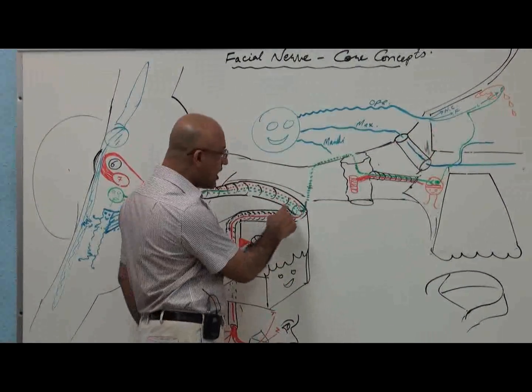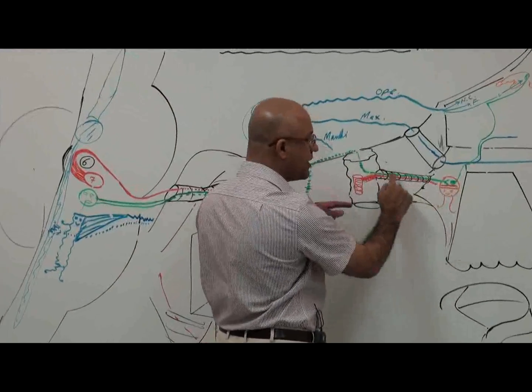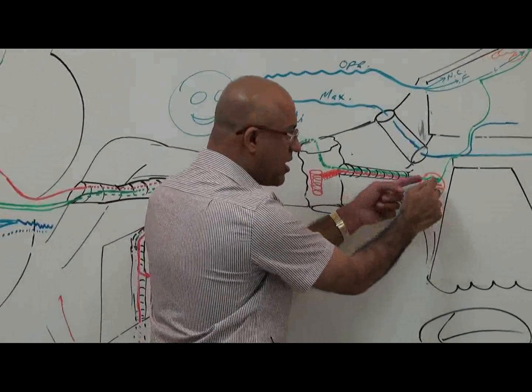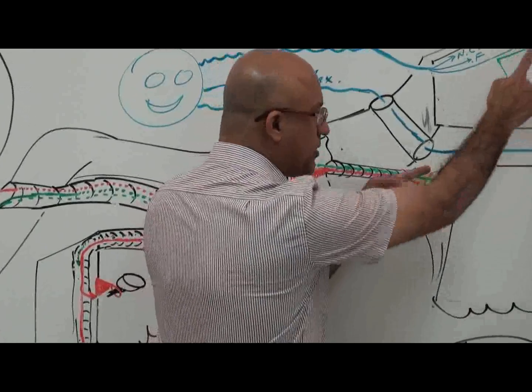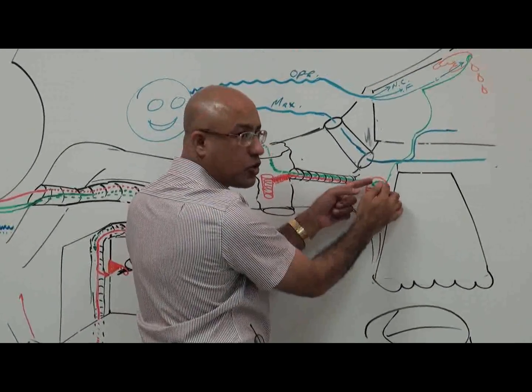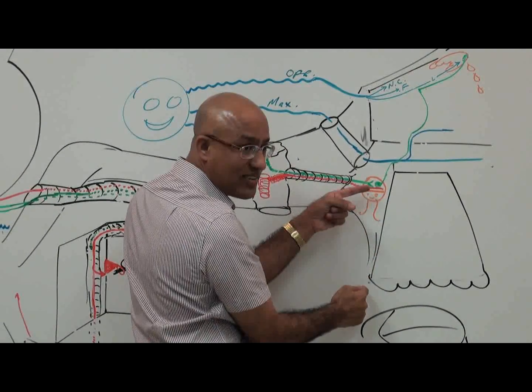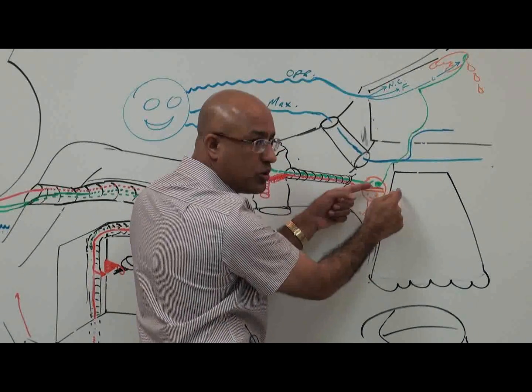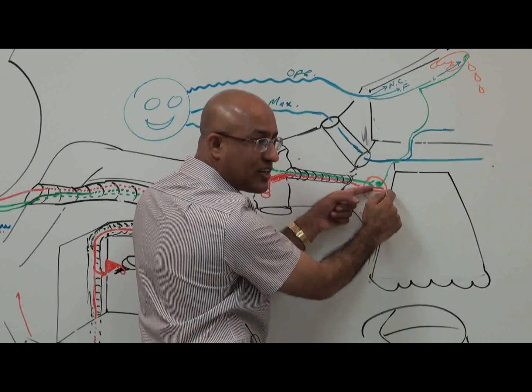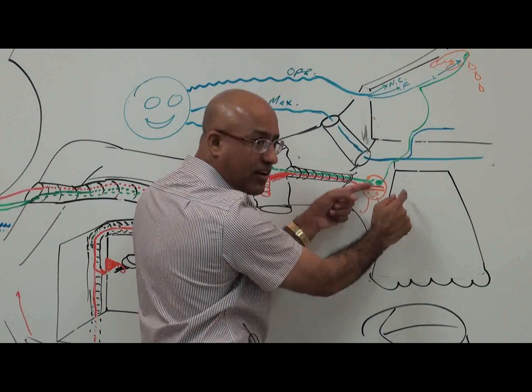But of course, many of the parasympathetic fibers coming through up to this point go to the lacrimal gland, but some of them go to the nose, the nasal glands. Some of them come down to the palatine glands. Some go to the paranasal sinuses, like the sphenoid, frontal or maxillary sinus.